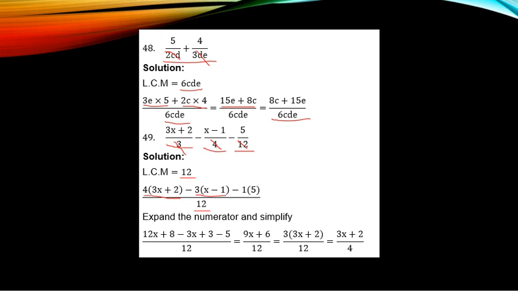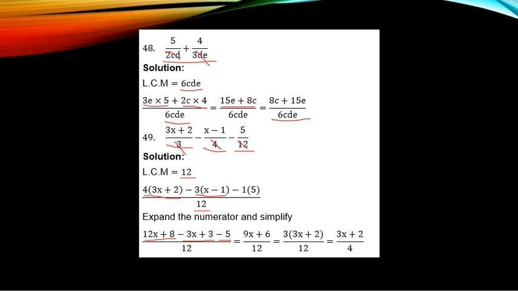If you open the bracket in the first numerator, you have 12s plus 8, because 4 times 3s is 12s, 4 times plus 2 is plus 8. Then the next place you have minus 3 times s, you have minus 3s, minus 3 times minus 1, that is plus 3, minus 1 times 5, you have minus 5.